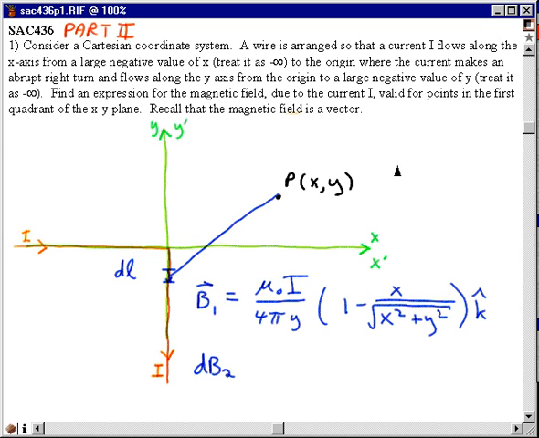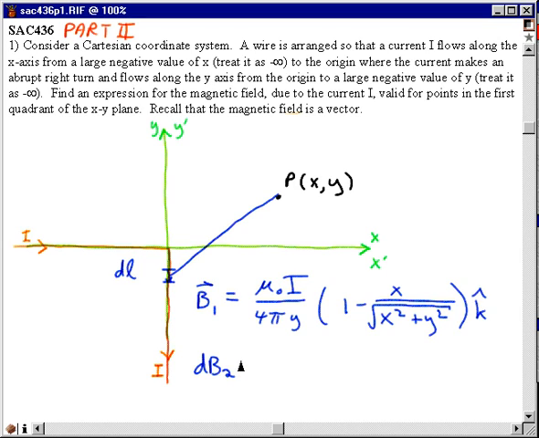Point the thumb of your right hand in that negative y direction. The fingers will curl around the wire, indicating that the magnetic field lines make loops around the y-axis, and the fingers, as they curl around, will be pointing outward as they punch through the plane of the screen, so in the positive z direction.